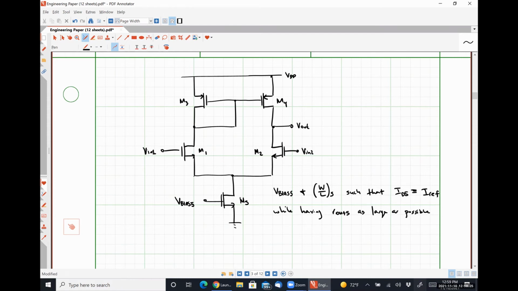Let's talk about this constraint of having R out 5 as large as possible. So the obvious reason why we want to have R out 5 as large as possible is because we're trying to approximate an ideal current source, which has an infinitely large internal resistance. A slightly less obvious reason, but I believe I've talked about it in this class previously, is that having R out 5 be as large as possible, let's scroll up here.